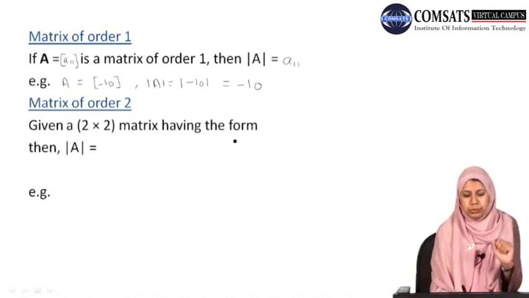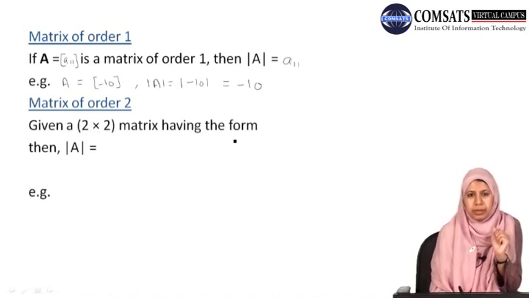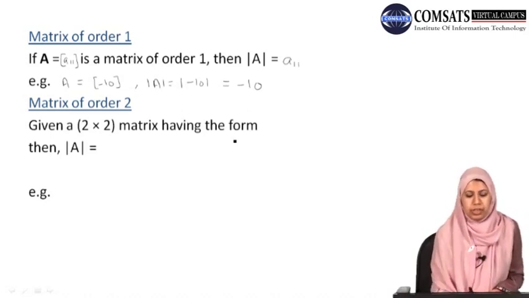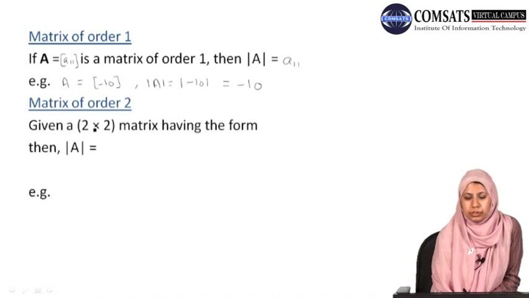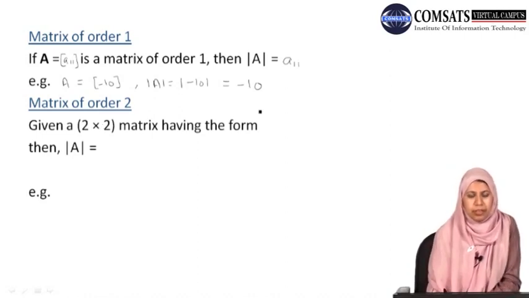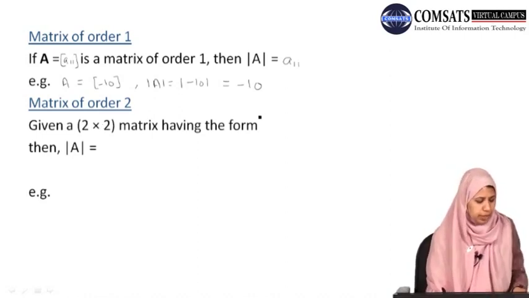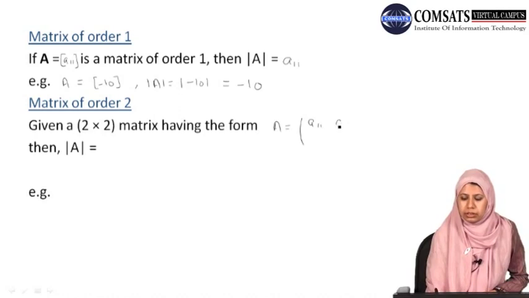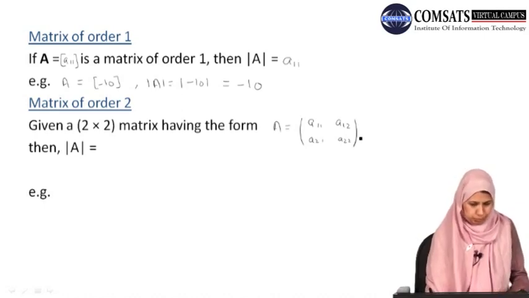Now we come to the second step, when we are given square matrices of order 2, that is, a matrix having 2 rows and 2 columns. Then we are given a 2 by 2 matrix of the form A equals A11, A12, A21 and A22.